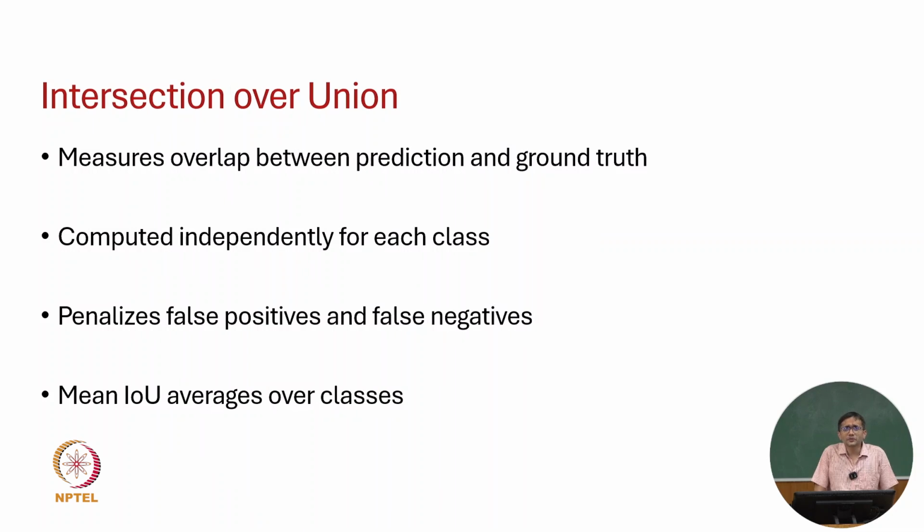The intersection over union measures overlap between the prediction and the ground truth. Generally, we compute this independently for each class. It penalizes, of course, the false positives and also the false negatives. And then the mean IOU can be computed as the average over the classes.